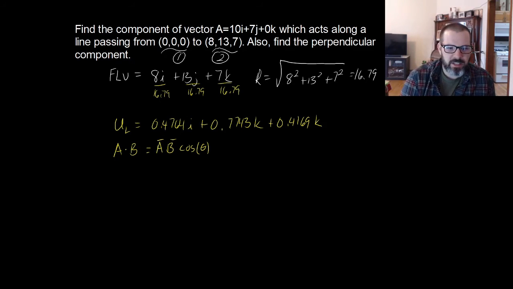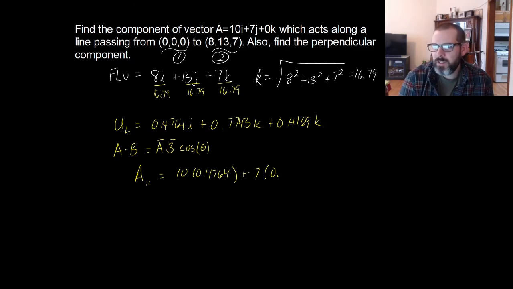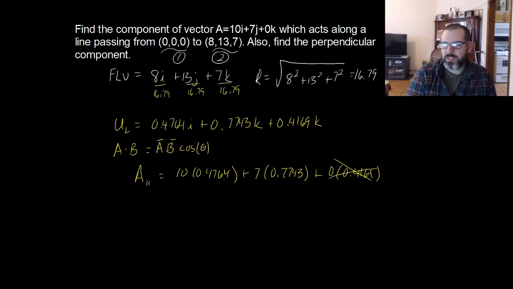That is just saying A parallel equals 10 times 0.4764 plus 7 times 0.7743 plus 0 times 0.4169. That's 0 times something, so that passes out.